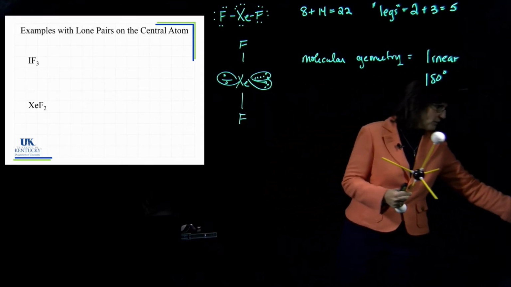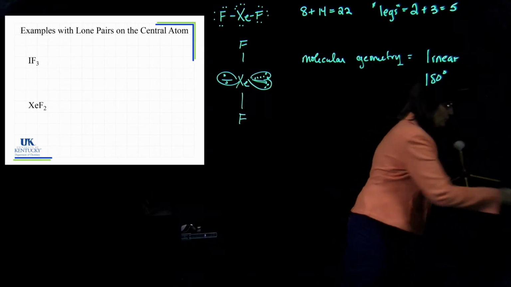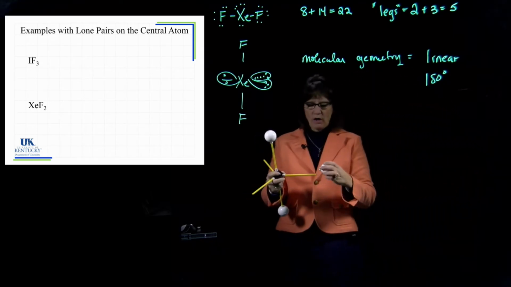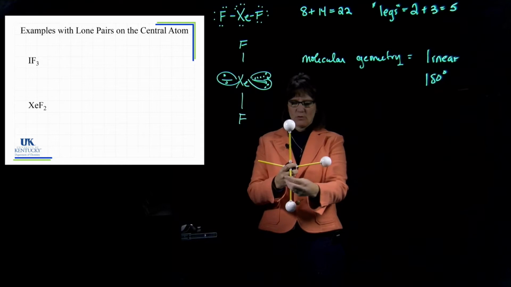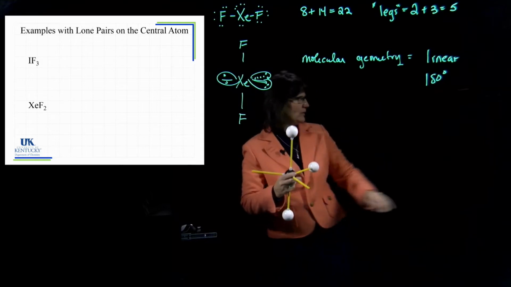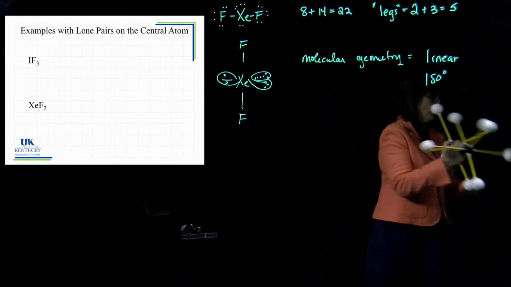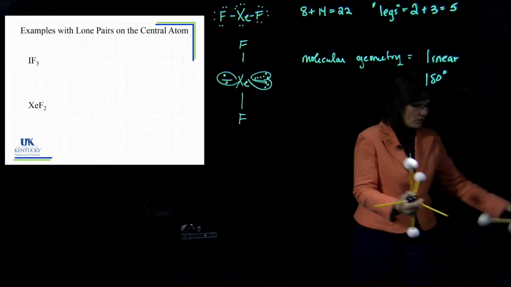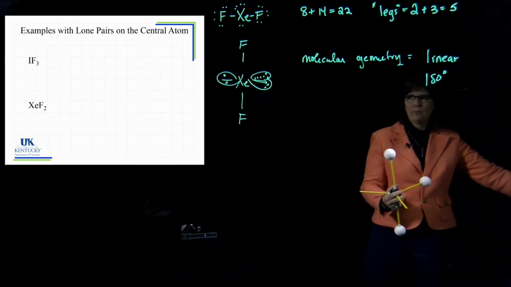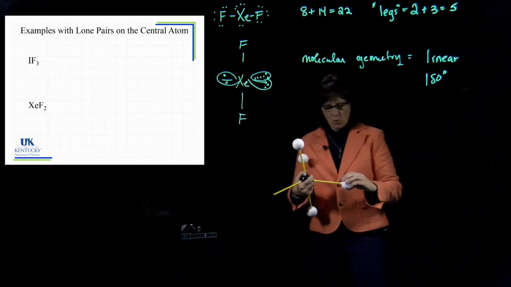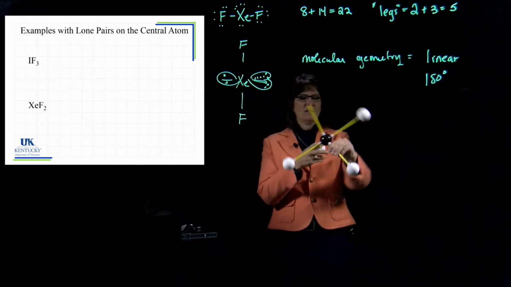Let's think about them all one more time. If all of them were atoms, it was a trigonal bipyramid, but if we put 1 lone pair, we had the seesaw.